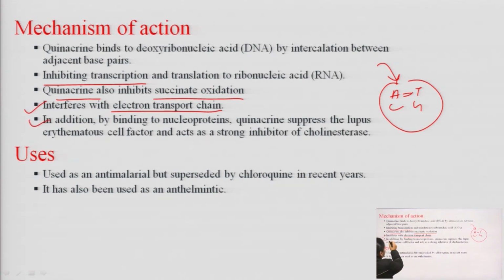In addition, by binding to nucleoproteins, quinacrine suppresses the lupus erythematosus cell factor and acts as a strong inhibitor of the cholinesterase enzyme. By this mechanism it is responsible for the death of malarial parasites and shows antimalarial activity.